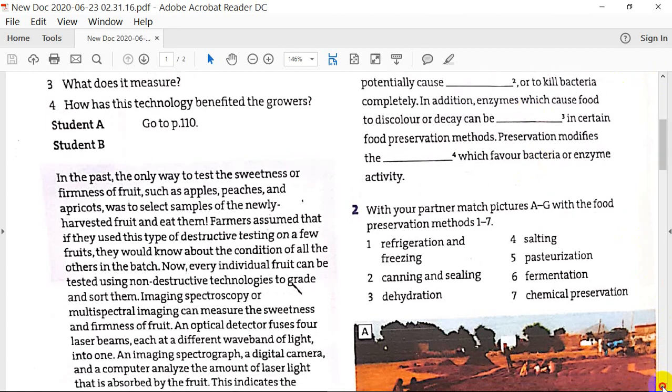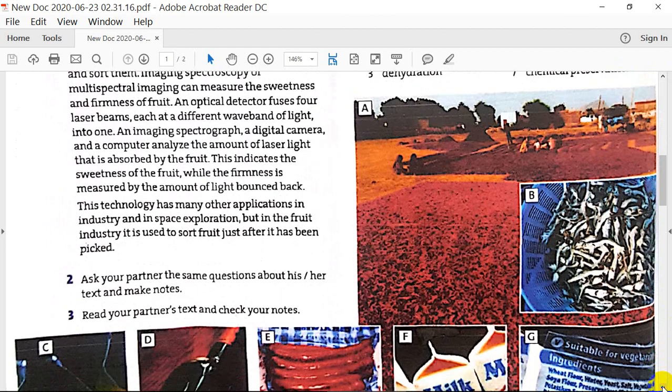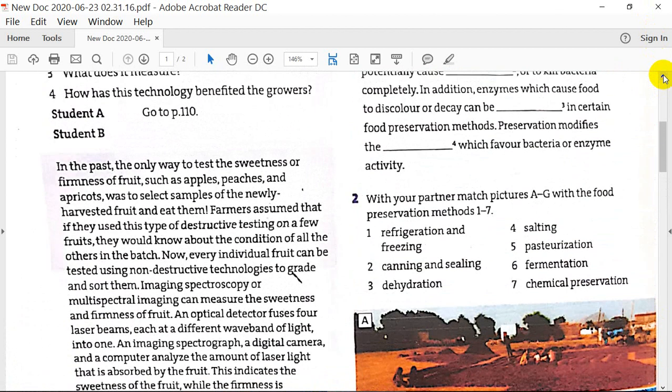So this is the first paragraph on this page, and the second paragraph you can find on page 110, and then you can answer the questions, no problem.